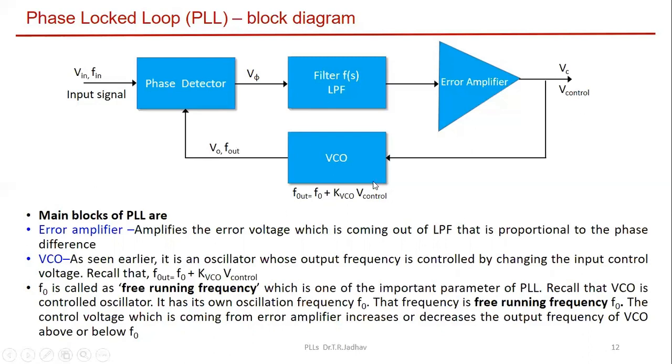Based on that positive or negative polarity of V control, the output frequency will be either increased above F0 or decreased below F0. The basic frequency of oscillation of the VCO is always equal to the free running frequency, and we are changing the frequency of the VCO around this F0. So either it will be more than F0 or less than F0, depending upon the polarity of the control voltage.